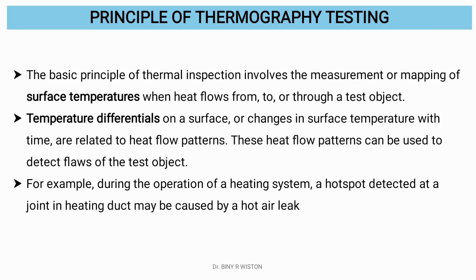The temperature differentials on a surface or changes in surface temperature with time are related to heat flow patterns. These heat flow patterns can be used to detect flaws of the test object. For example, during the operation of a heating system, a hot spot detected at a joint in a heating duct can be caused by a hot air leak.